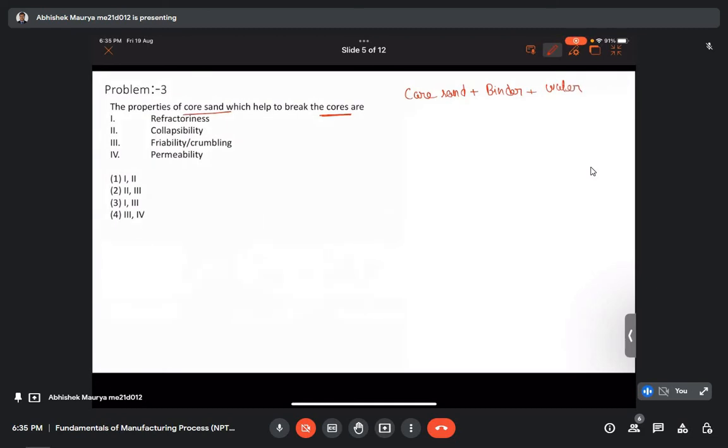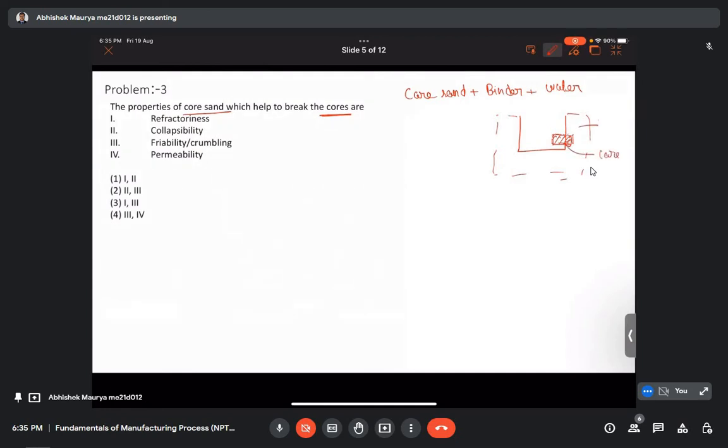And if you can recall the lectures, what was the function of the cores? Cores were used to create internal features. For example, suppose that this is the mold. Then if we want to manufacture a component with an internal hole, we have to put a core inside the mold.